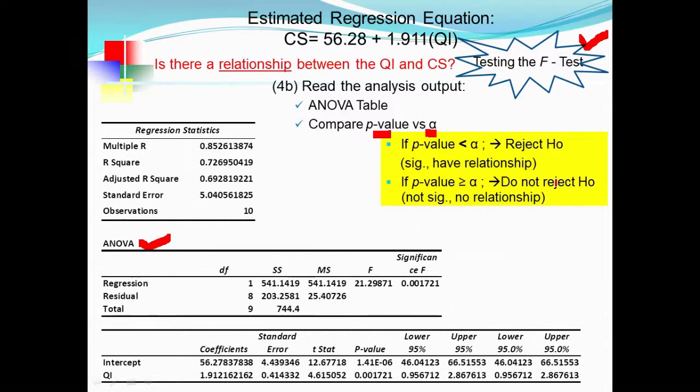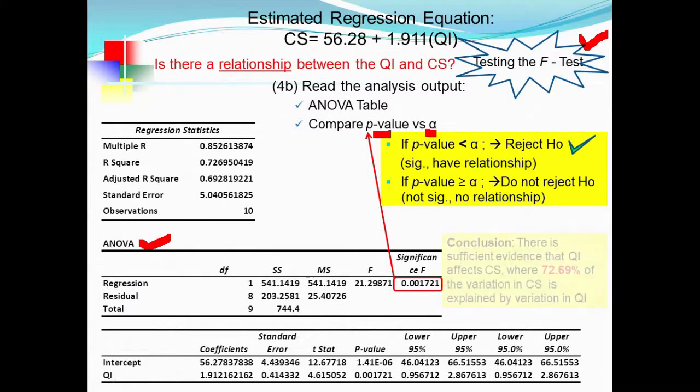So let's check the p value. This is the p value in the ANOVA table, very small, 0.0017, which is very small compared to the alpha. Alpha is 0.05, remember? So the decision is the same: we reject the null hypothesis.